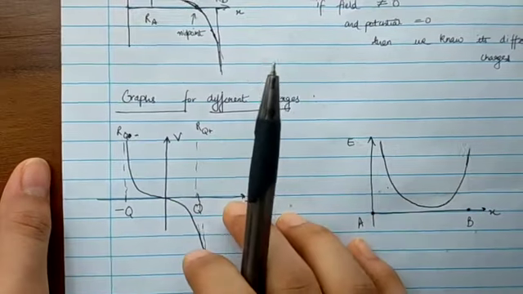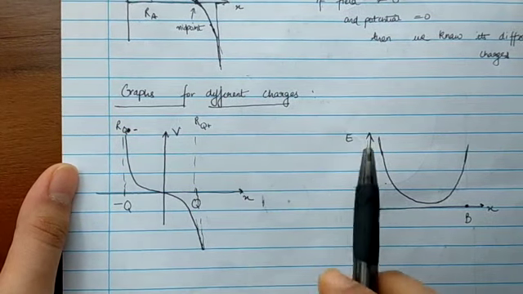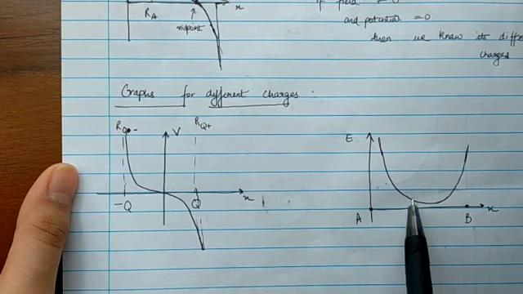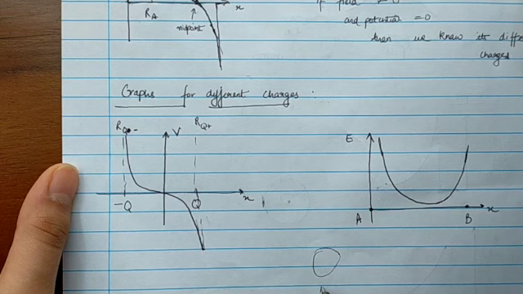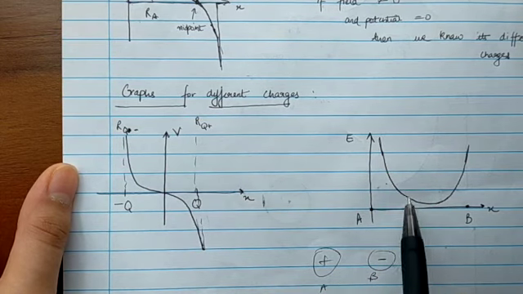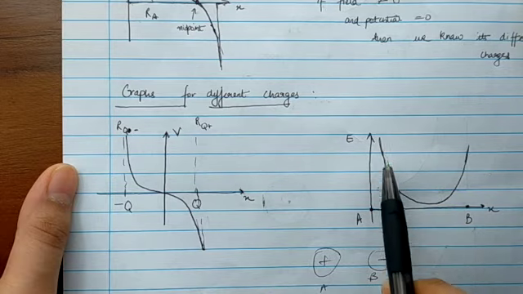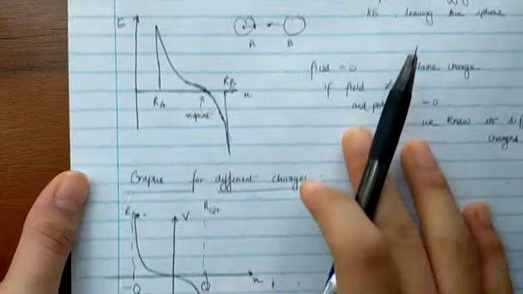Now if we look at the graphs for different, opposite charges, let's first look at this electric field graph. If we have charge A and charge B, and they're opposite charges, and let's say they're equivalent in magnitude, that's when we know that the graph will be symmetrical. If they're not, then the graph will be a little bit wobbly like this.